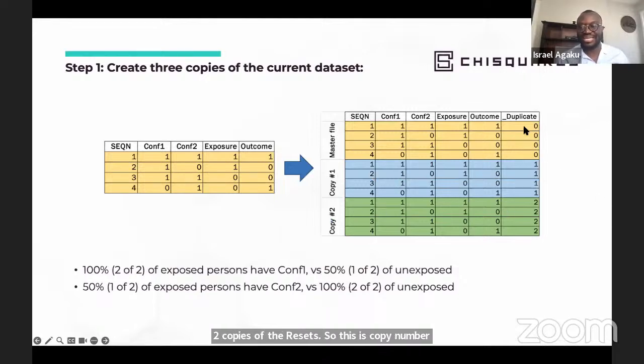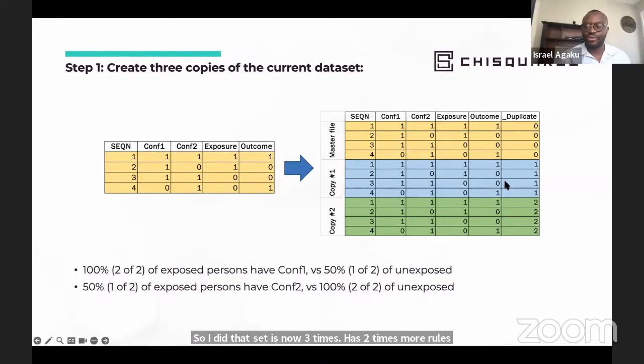You can see that everything is exactly the same in these copies as in the original. We have created a new variable here called duplicate. The duplicate has a value of 0 if it's the original data set. This is the first duplicate, and this is the second duplicate. So our data set now has 3 times more rows than we had in the original master data set.